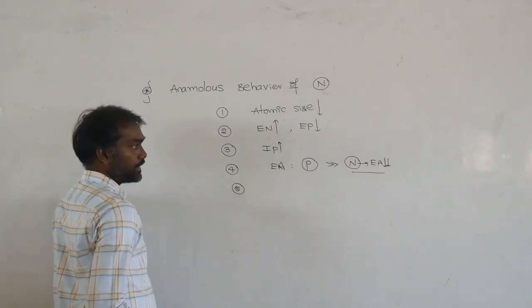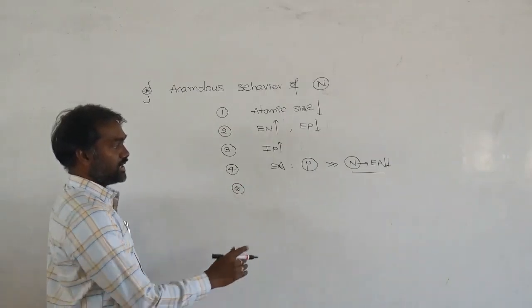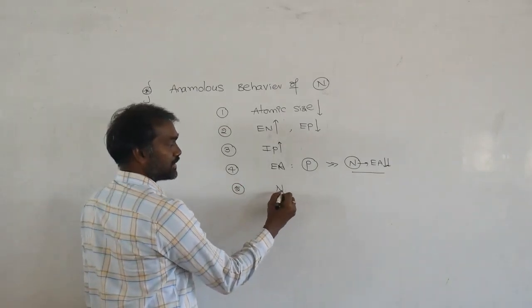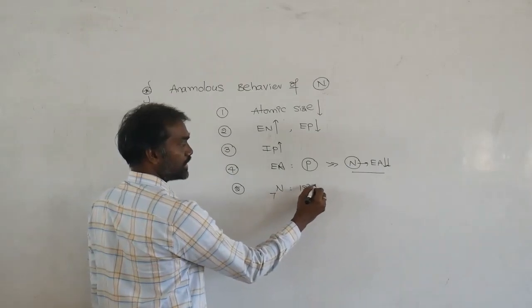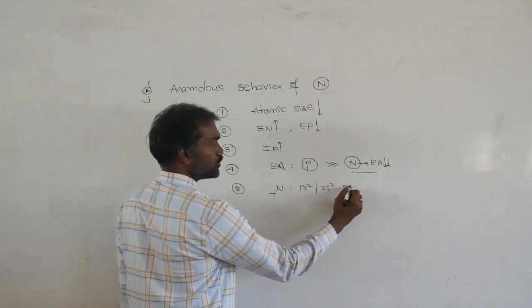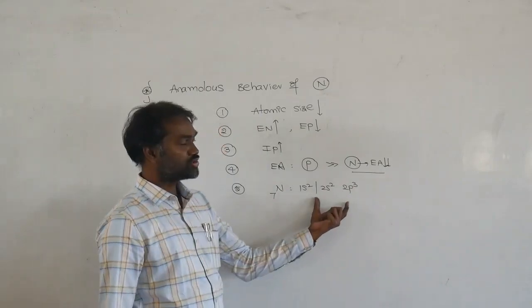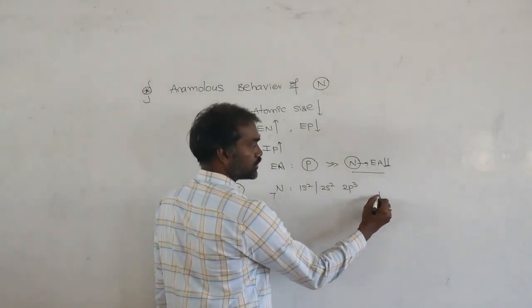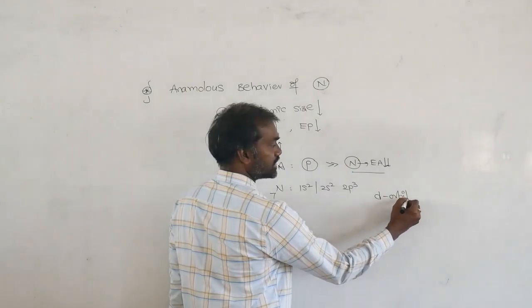Next, nitrogen's electronic configuration is 1s2, 2s2, 2p3. Here there is no d orbital. So the d orbital is absent.